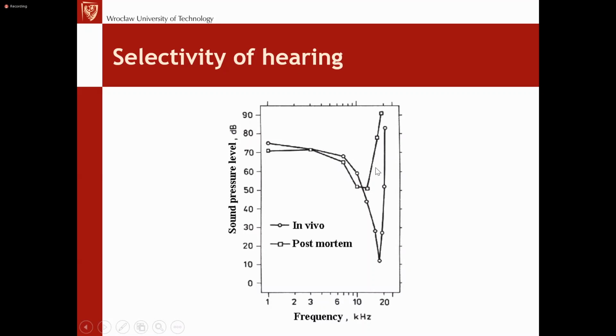This curve is not so steep, so we can say that the quality factor of the dead organism is lower than in the case of the living mechanism. This difference is caused mainly by the activity of outer hair cells. So it means that this feedback is very effective.